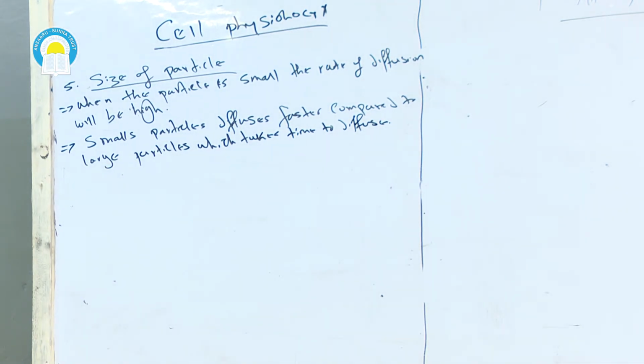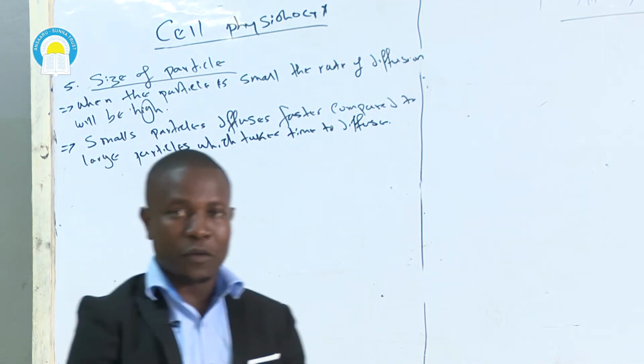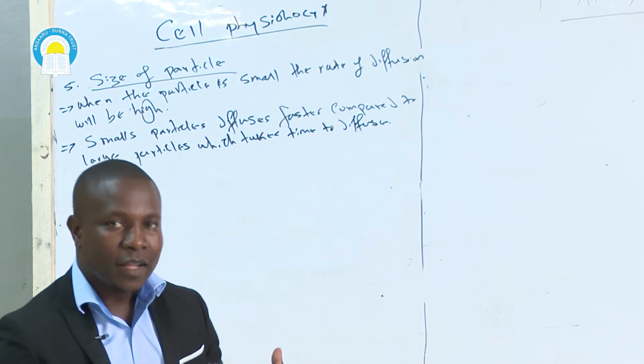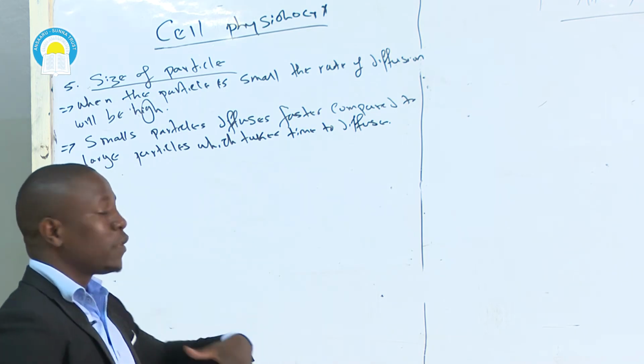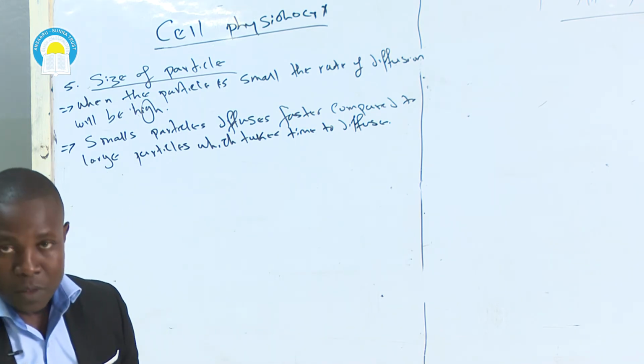So the smaller the particle, the higher the rate of diffusion, and the larger the particle, the lower the rate of diffusion. And remember, sometimes these large particles don't cross through.